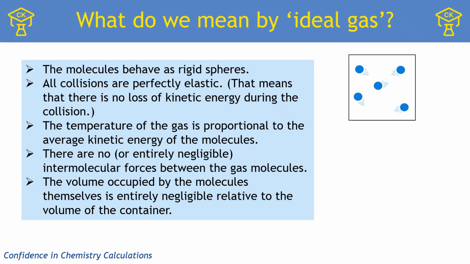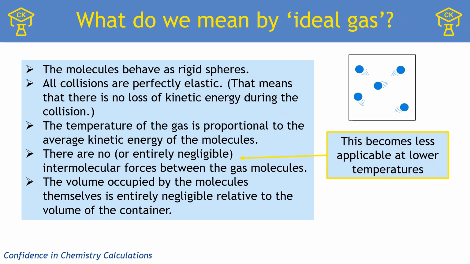So when do these not work? That's the key thing that we might need to know. Well, the intermolecular forces thing becomes much less applicable at lower temperatures. So at lower temperatures, the slower the gas particles are moving, the more important the attractions between them become, and the more likely they are to actually get slowed down by other gas particles because they get attracted towards them.